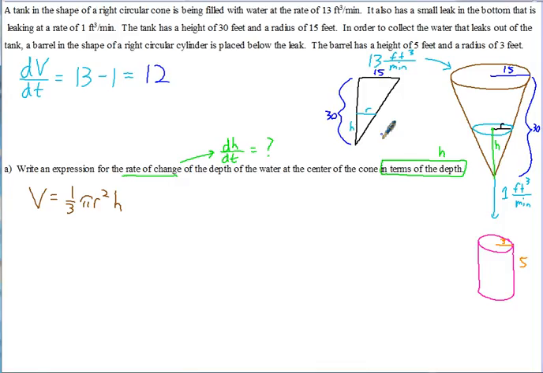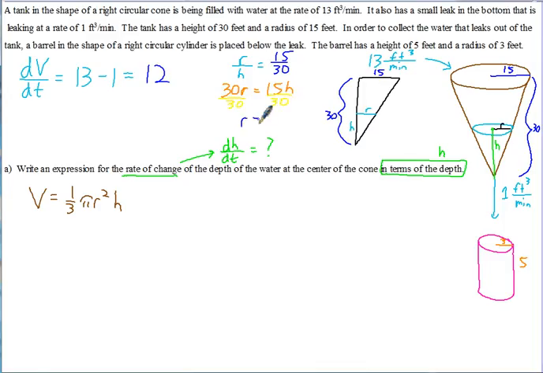So using the proportions to set up an equation for similar triangles, we can say in the little cone, r over h corresponds to the big cone, 15 over 30. And then since we're trying to get the r out of this equation before we take the derivative, we want to solve this expression for r. So if we first cross multiply, 30 times r would have to equal 15 times h, and then divide by 30.